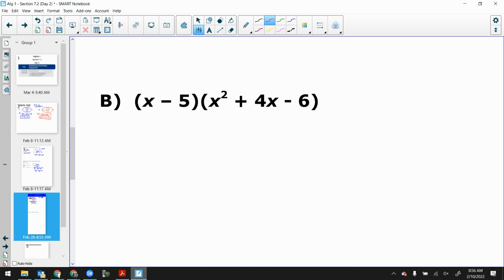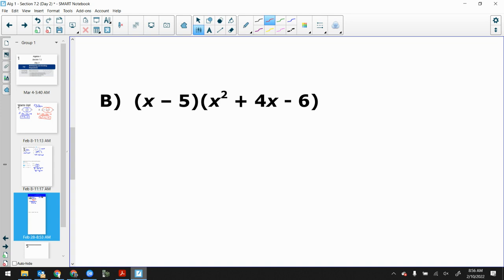Here's what I mean by that. When we have more terms, like this is a binomial times a trinomial, if you're not drawing the arrows in, or the rainbows as you like to say, then you might miss something along the way. So here, let's take a look at this one. This leads me to my next problem. Is this a binomial times a binomial anymore?